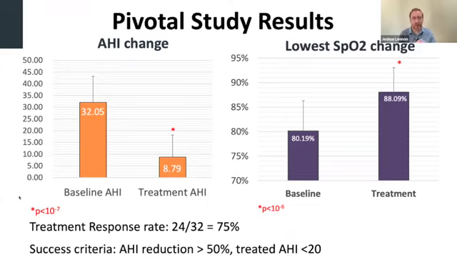We're sharing the results on the screen right now for that pivotal study. So this responder rate of 75% is the SHARE criteria, a 50% decrease in your AHI as well as an ending AHI less than 20.